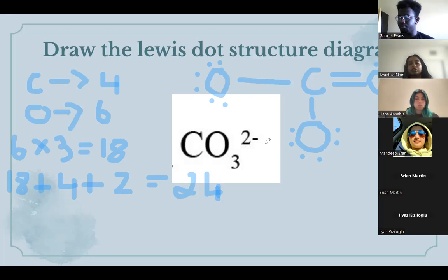Okay, so it became a double bond because otherwise, if carbon had a lone pair, right, then we'd have more. So say we got rid of the double bond. Previously we had a lone pair, right?